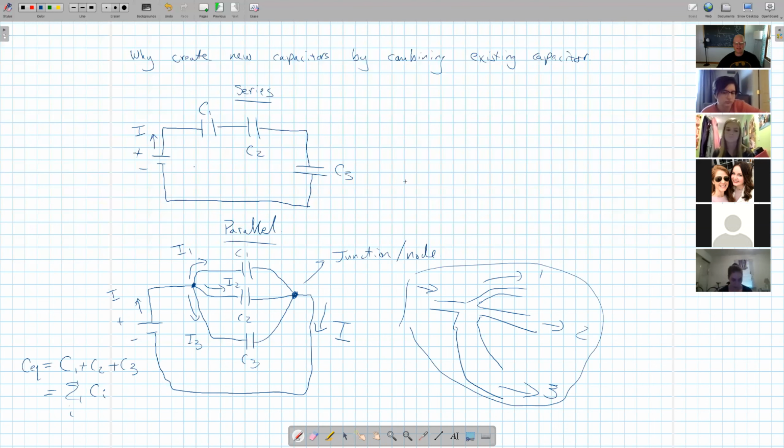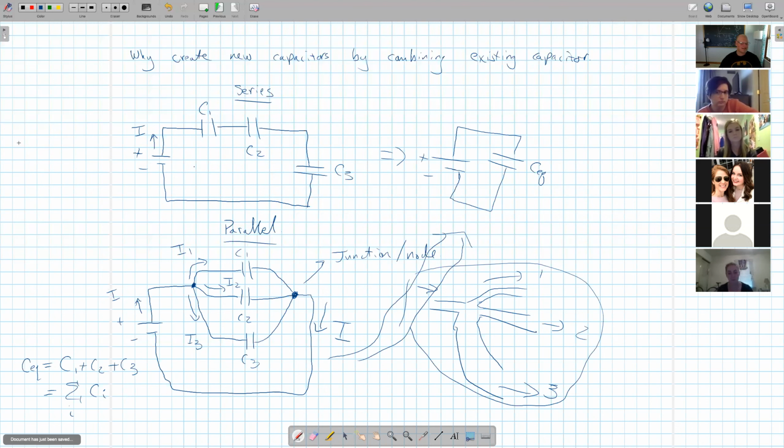So C_EQ basically means: what if I combined all this down into a single circuit, so this was plus, this was negative, and I'm replacing all of these capacitors by simply one capacitor which has an equivalent capacitance. And that's going to be true for both this scenario and for this scenario.